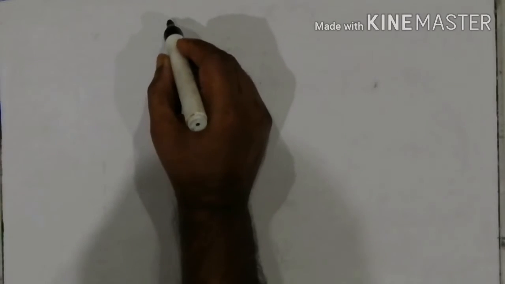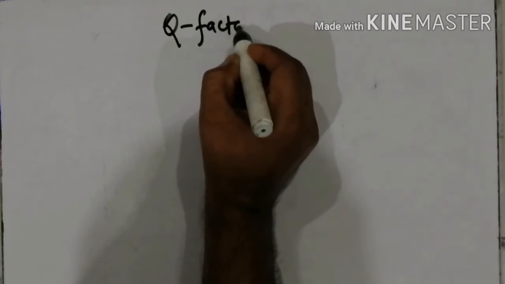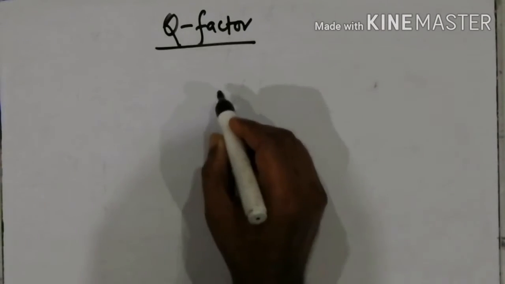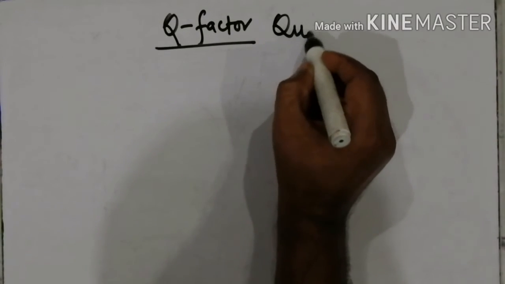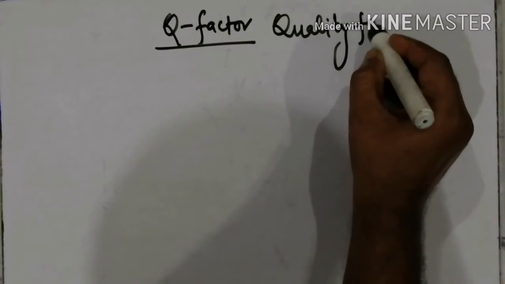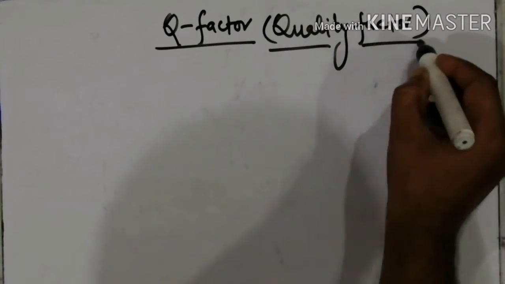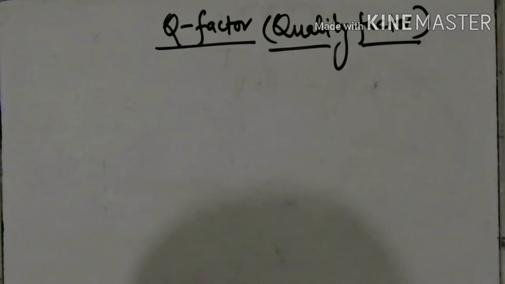The next one is quality factor, that is Q factor. Q stands for quality. So it is also known as quality factor. What is the definition?